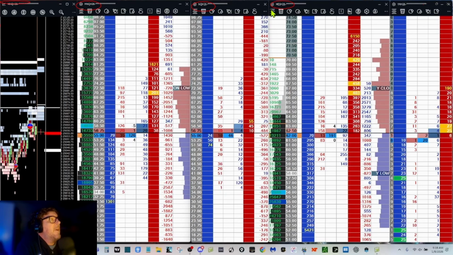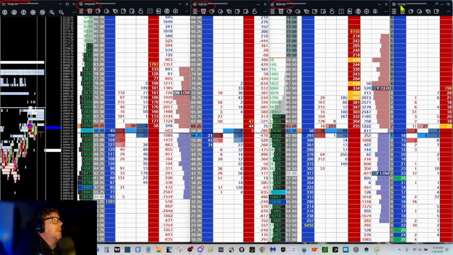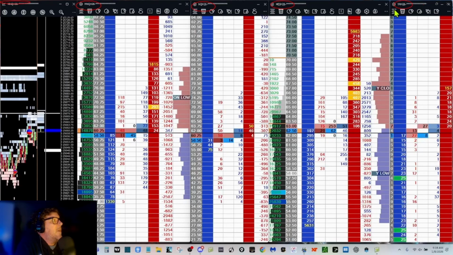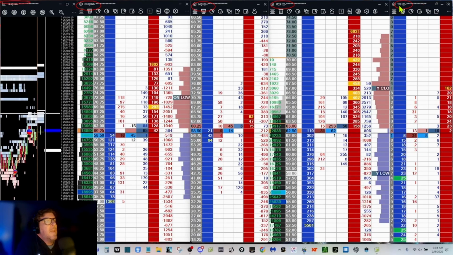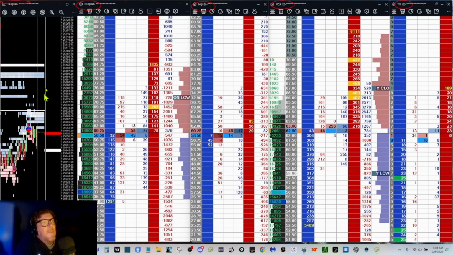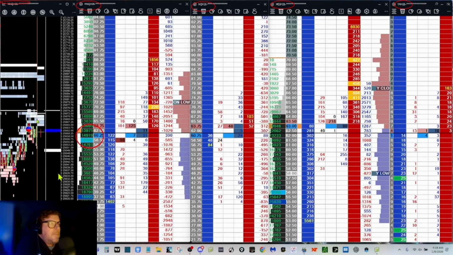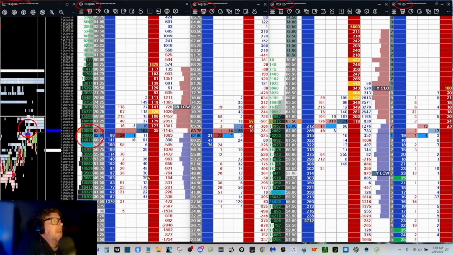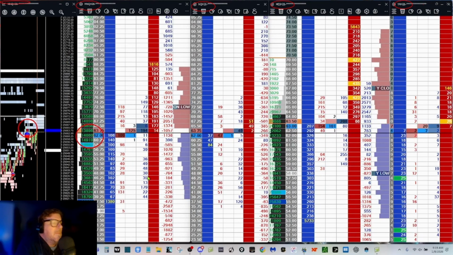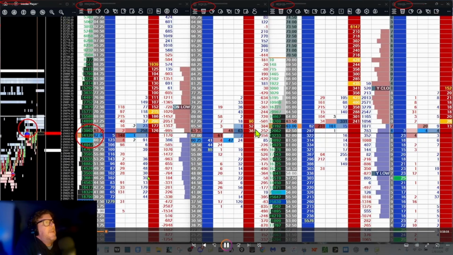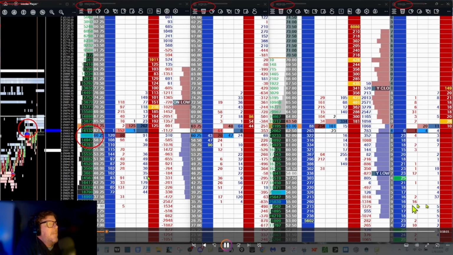We have the micro ES and the Dow. And this is the liquidity heat map on the left. And I'm just circling some key areas, key levels that I kind of keep my eye on when I'm watching these correlated markets.